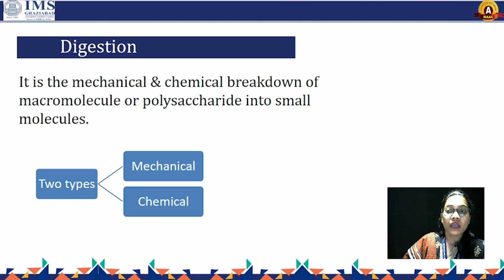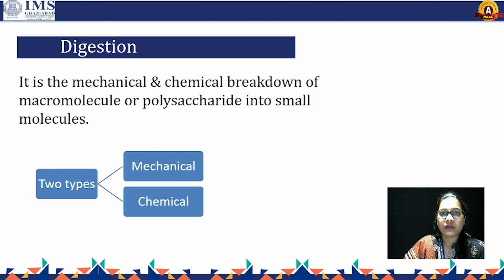The glucose comes from the consumption of carbohydrates, and the form in which we consume them is complex, which our body does not absorb, because our cells simply absorb the simplest form of a particle. So for this, our body starts a process, that is digestion.